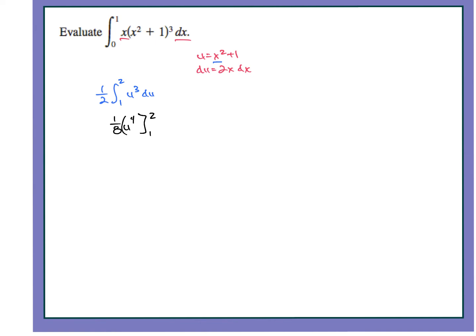Now I just substitute in 2. So I have 1/8 times 2 to the 4th. That was part of your quiz that you'll get back soon. 2 to the 4th is what? 16. Very good. Minus 1 to the 4th, which is 1. So I end up with 15/8.